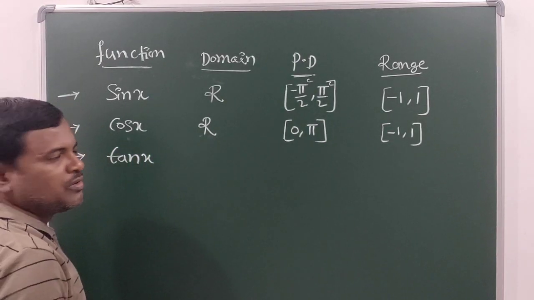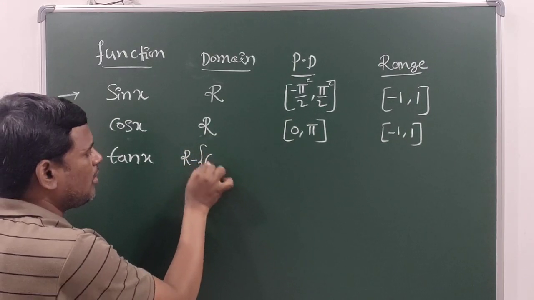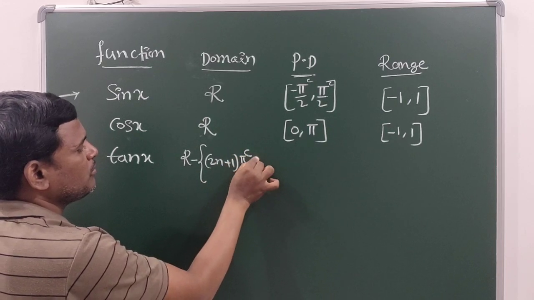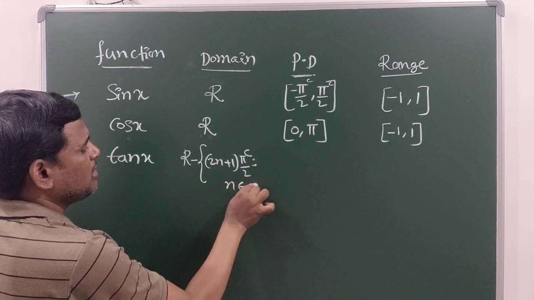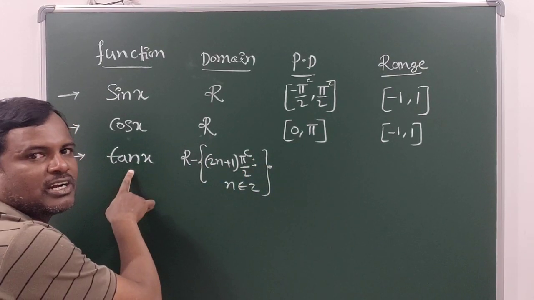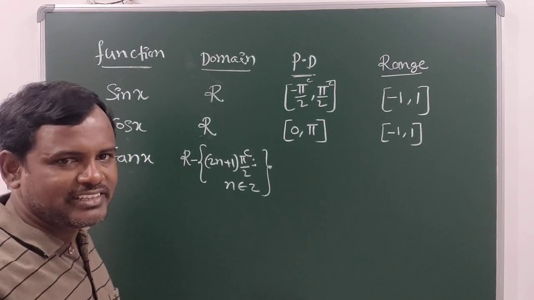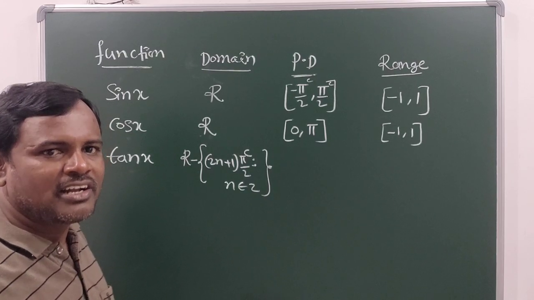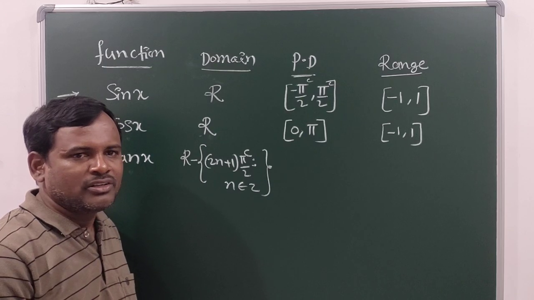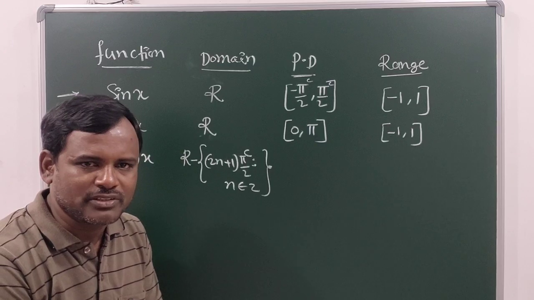The domain of tan x is R minus odd multiples of pi by 2, where n belongs to Z. The tan function will not be defined at odd multiples of 90, so those angles I have subtracted from the set of real numbers.